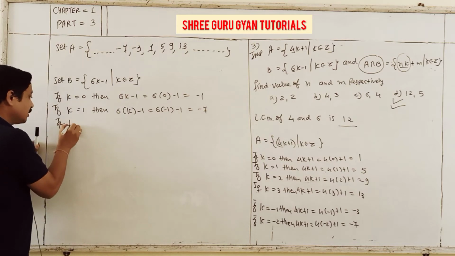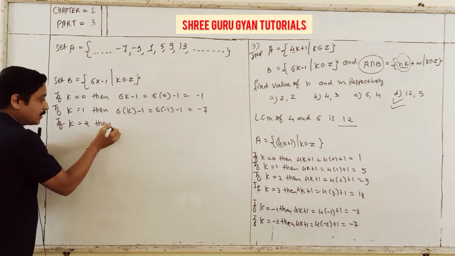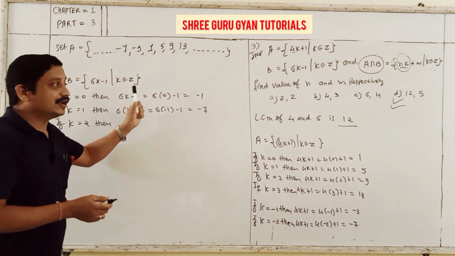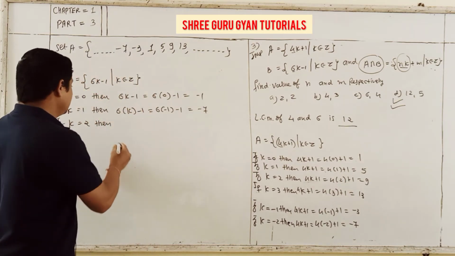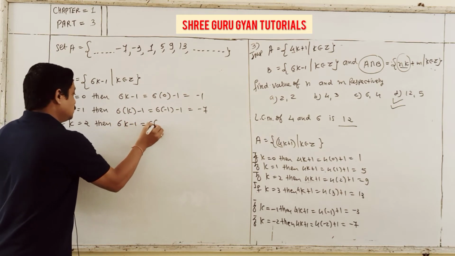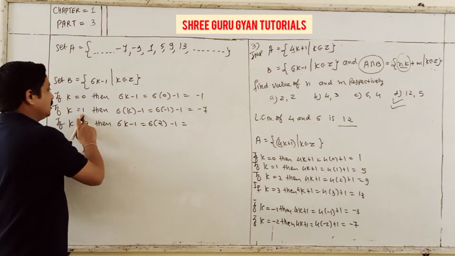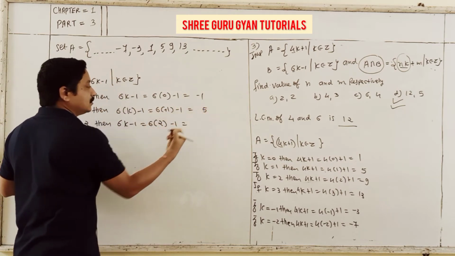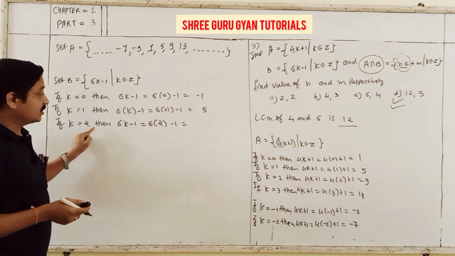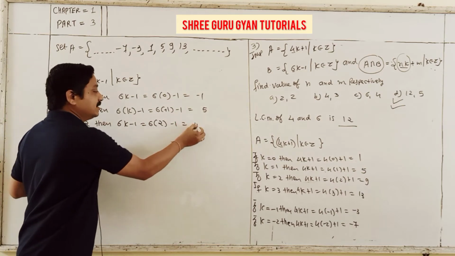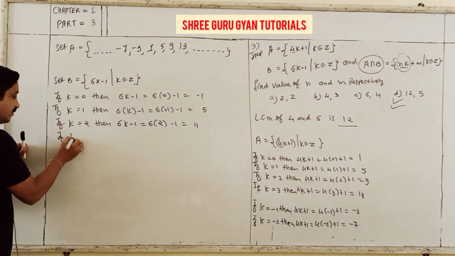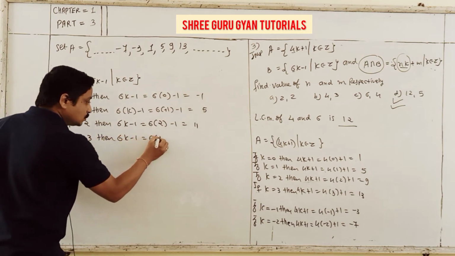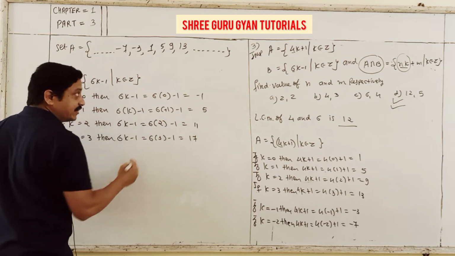One more, if k = 2. If this question is asked for 2 marks, then you write down all these steps respectively, students. 6k - 1: 6 × 2 - 1 is 12 - 1 = 11. One more, if k = 3, then 6k - 1 is 6 × 3 = 18, minus 1 is 17.